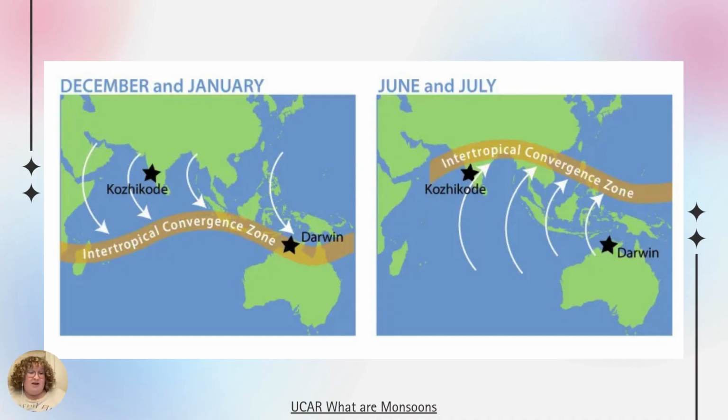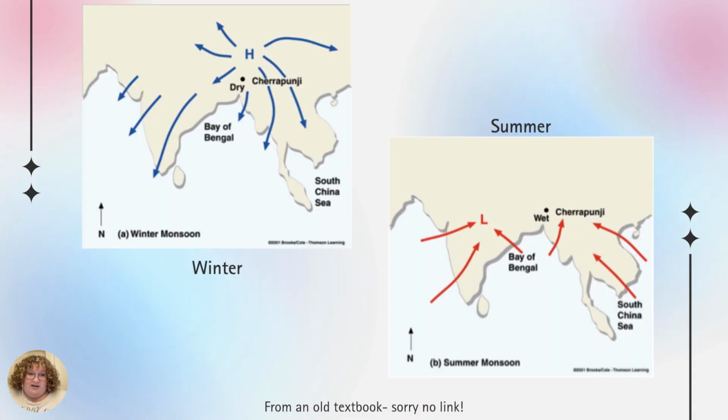So this is the kind of process that's happening with all monsoons. So even the one that we have in the southwest US and Mexico, those monsoons are the same kind of process. And this is what that looks like from a high-low pressure situation. So when that ITCZ moves towards the south, high pressure sets in because you're having more downward airflow.